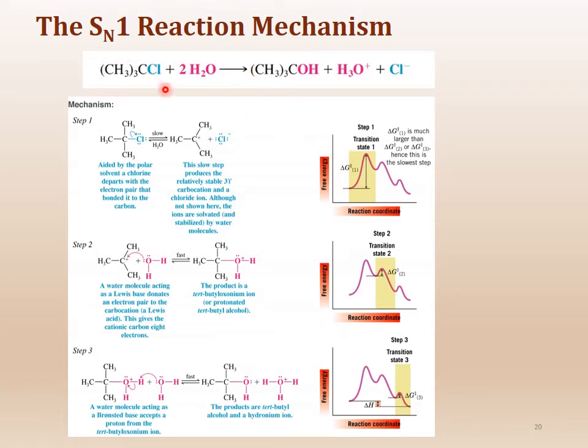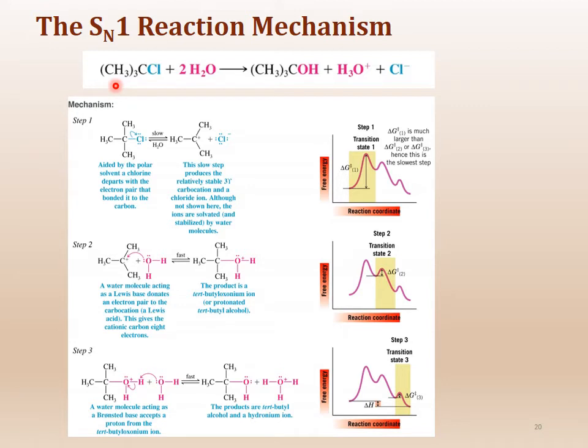The kinetics of this reaction shows that it is a first order reaction. Once you do deeper kinetics, it turns out that the rate of reaction is independent of the nucleophile, which means that the rate is dependent only on the substrate. Remember the chart I was showing you before, where you change the concentrations and see what happens to the rate.